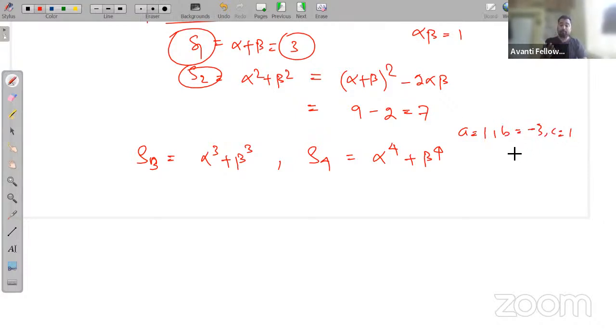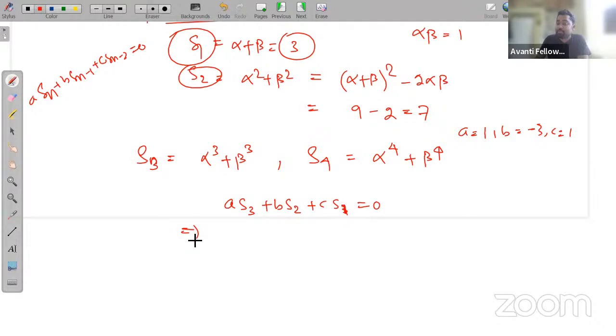To get alpha to the power 4 plus beta to the power 4, we must first find S3. We have the results S1 and S2. Starting from A into Sn plus B into Sn minus 1 plus C into Sn minus 2 is equal to 0, I start from 3 because we know S1 and S2. So A into S3 plus B into S2 plus C into S1 is equal to 0.